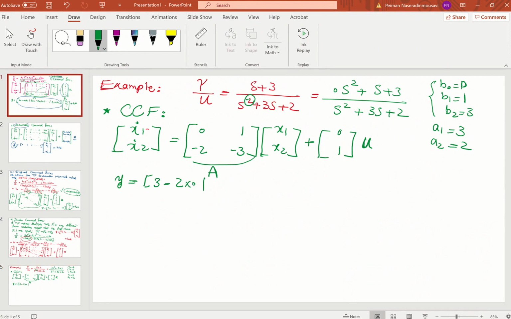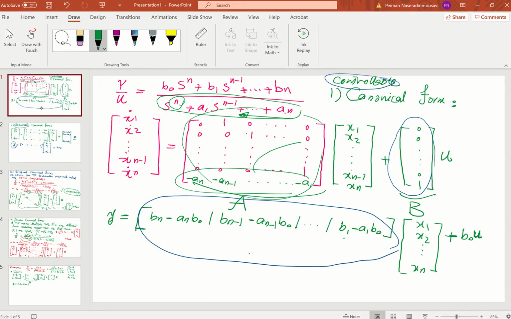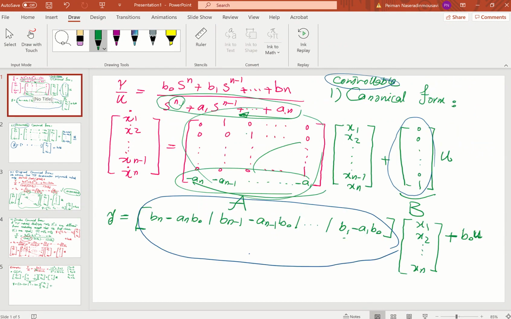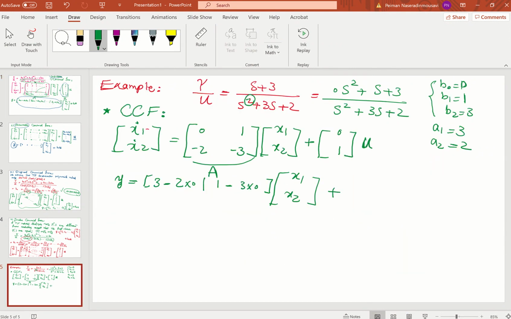Now the rest, bn minus 1 minus an minus 1 times b0: so 1 minus 3 multiplied by 0, in x1 and x2, plus b0 in u, and b0 is 0.